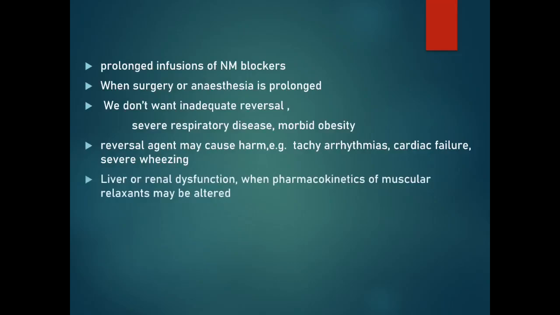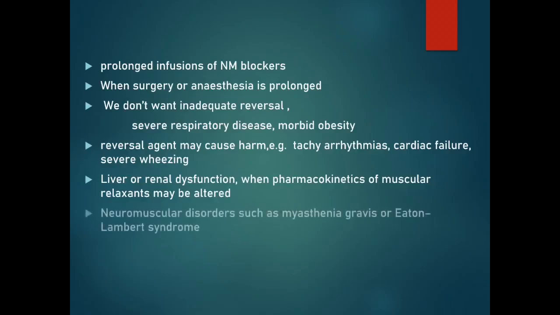The other conditions are liver or renal dysfunction, wherein the pharmacokinetics of your muscle relaxants may be altered, prolonged or shortened, and neuromuscular disorders such as myasthenia gravis or Eaton-Lambert syndrome. These are only a few reasons, but for all practical purposes, especially in prolonged surgeries as well as in liver or renal dysfunction, it is always wise to do neuromuscular monitoring before you reverse and set them straight.